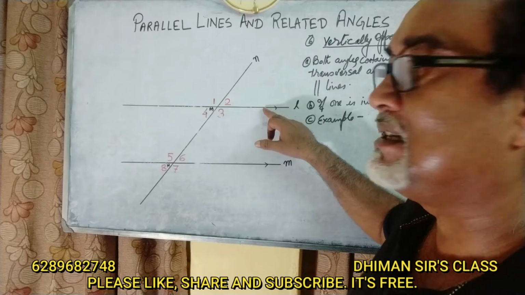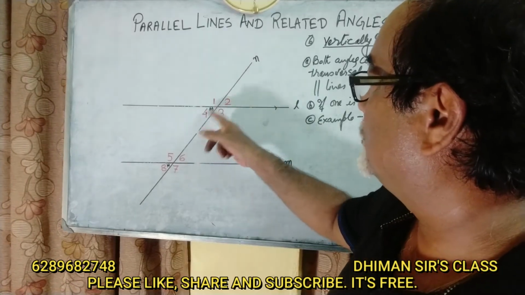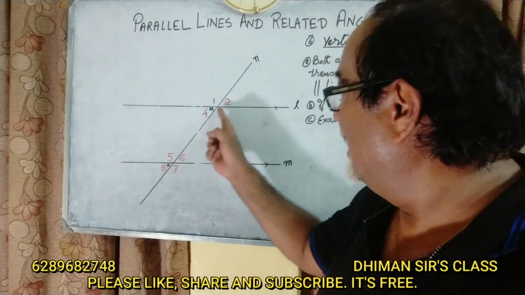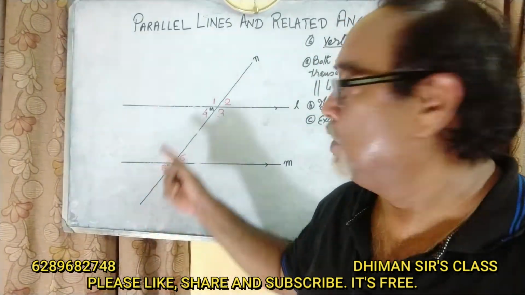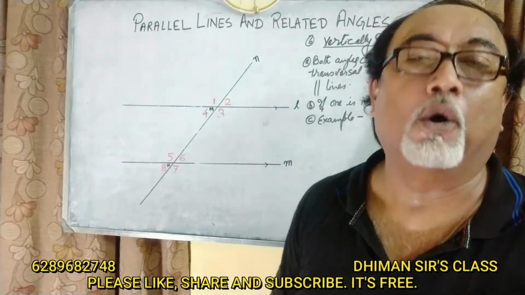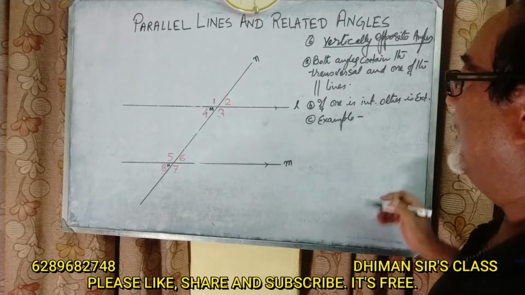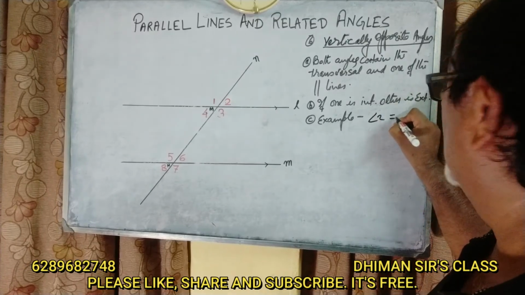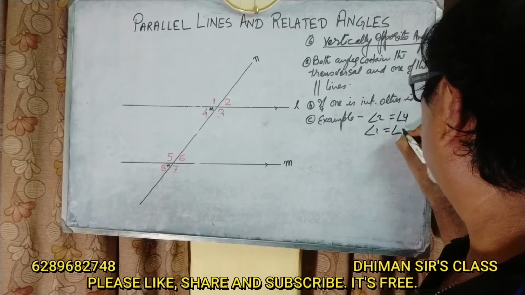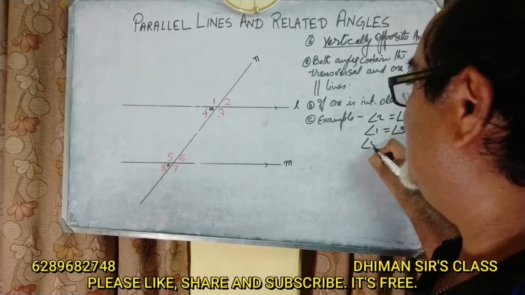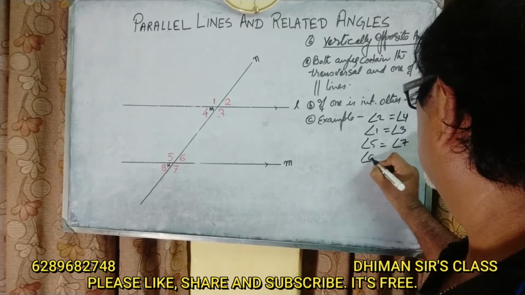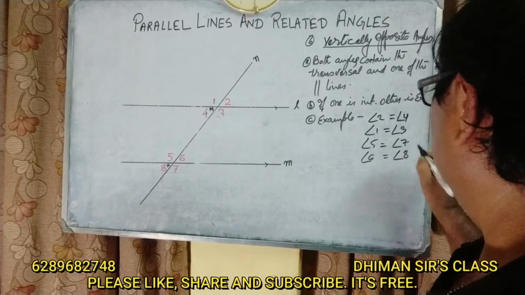Both the parallel lines are not involved in case of vertically opposite angles. Example: angle 2 is equal to angle 4, angle 1 is equal to angle 3, angle 5 is equal to angle 7, angle 6 is equal to angle 8.